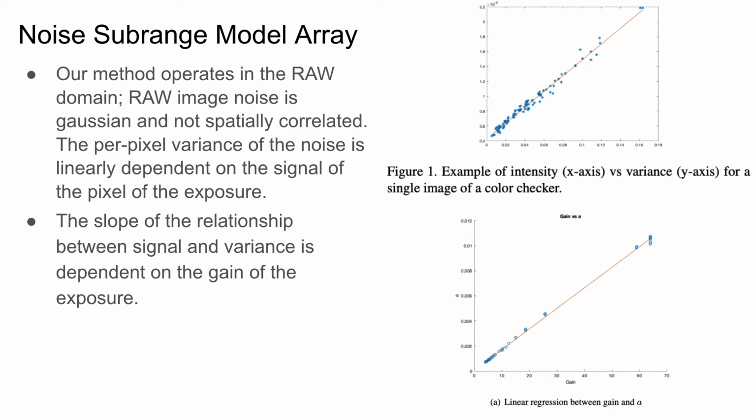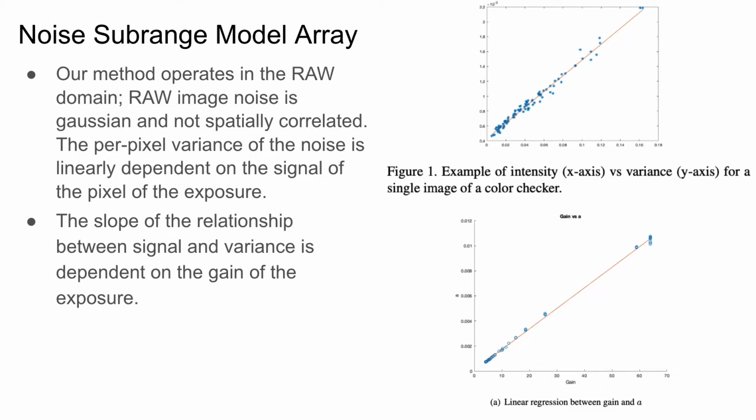The per pixel variance of these Gaussian distributions is linearly dependent on the signal of the pixel of the exposure, which we can see experimentally when we plot the variance of pixels versus their intensity on an image of a color checker. The slope of the relationship between signal and variance is also dependent on the gain, or ISO, of the exposure.